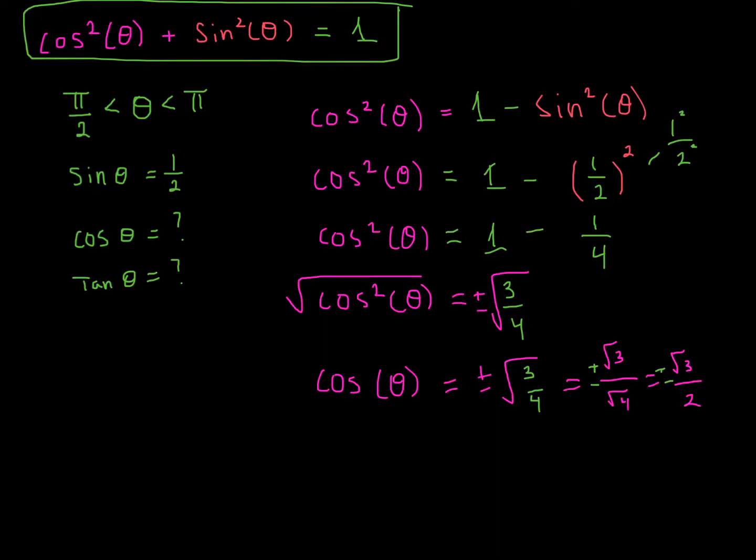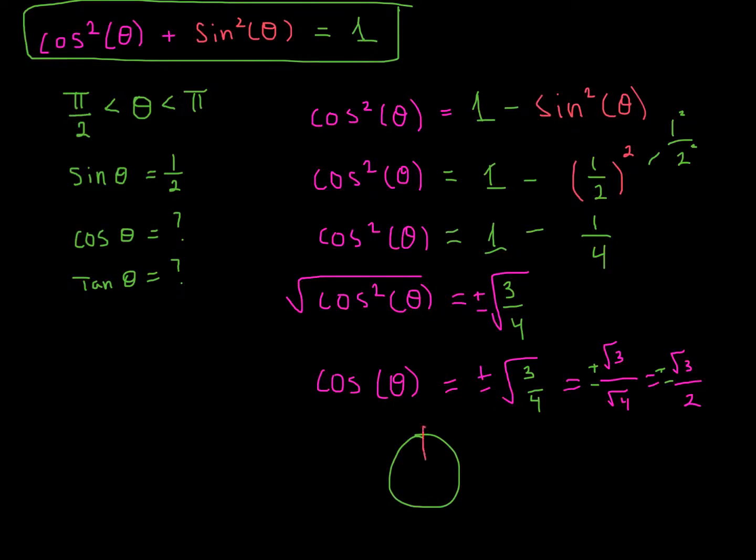So think about our unit circle here. You just want to briefly imagine a unit circle. I will draw it right over here. And think about cosine. Cosine is positive over here, and then over here it's negative. Now think about sine. The situation we know is that sine is 1/2, and we know that the angle theta that it's rotated is greater than pi over 2 and less than pi.